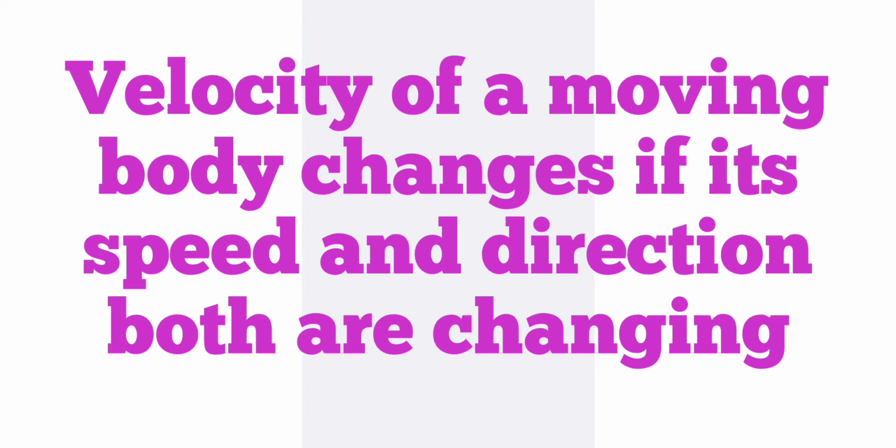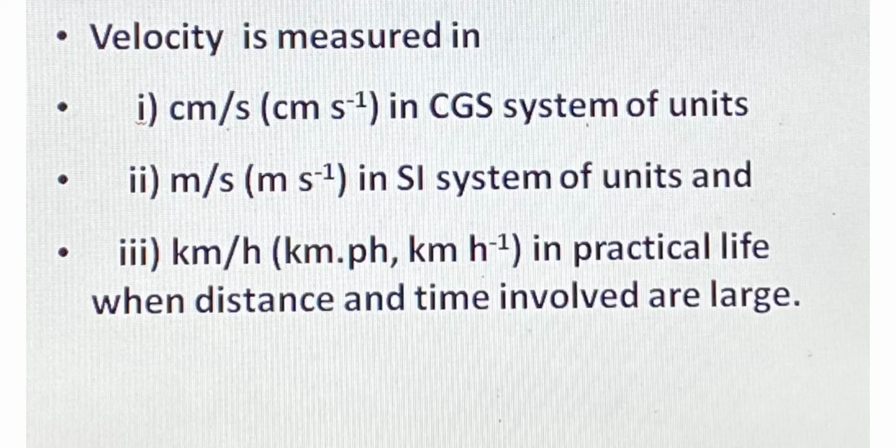Then in this case also the velocity of the body is changing, meaning the velocity of the car is changing. Now velocity is measured in centimeter per second, which is a CGS unit, meter per second, that is the SI or MKS unit, and it is also measured in km/h.